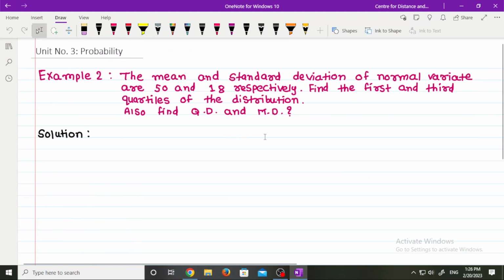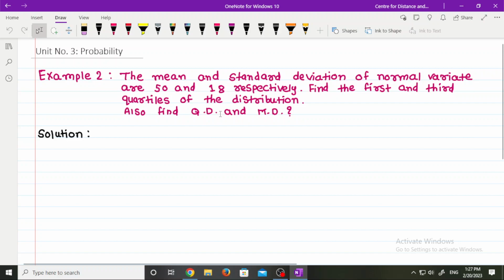The mean and standard deviation of normal variate are 50 and 18 respectively. Find the first and third quartiles of the distribution and also find QD, that is quartile deviation, and MD, that is mean deviation. In this example, we are given that mean is 50 and standard deviation, that is sigma, is 18.